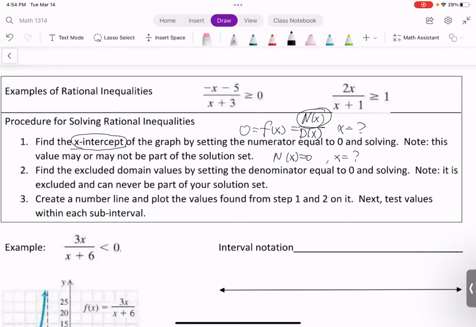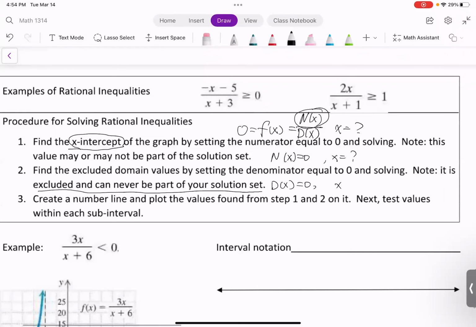And we must be careful. When the bottom equals 0, that x value cannot be included in the solution set. So if we set d of x equal to 0, x equals something, and this point is not included in the solution.